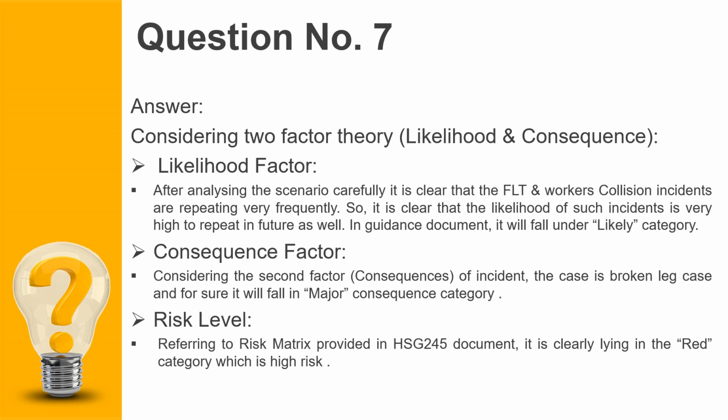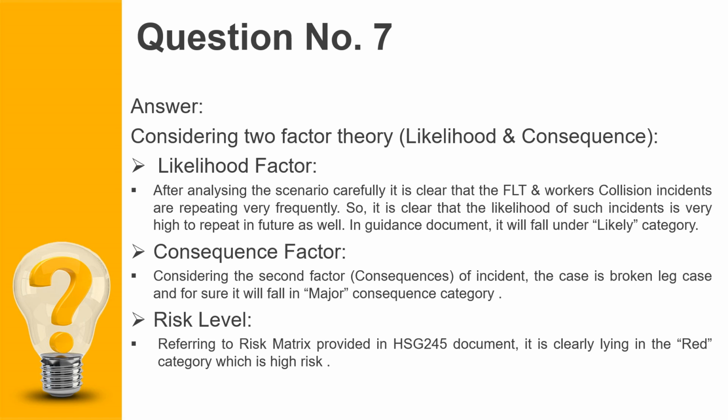So it is clear that the likelihood of such incidents is very high to repeat in future as well. In the guidance document, it will fall under the likely category. For the consequence factor, we'll be writing: considering the second factor, the consequences of the incident, the case is a broken leg case, and for sure it will fall in the major consequence category.